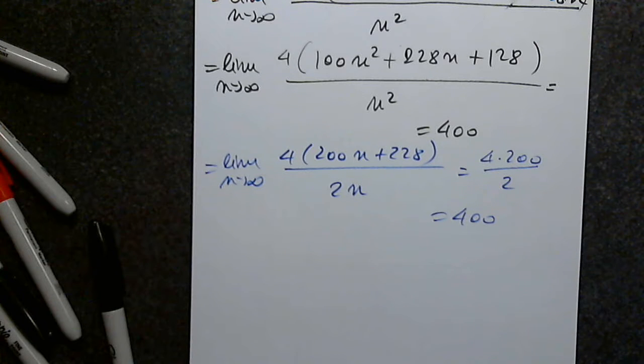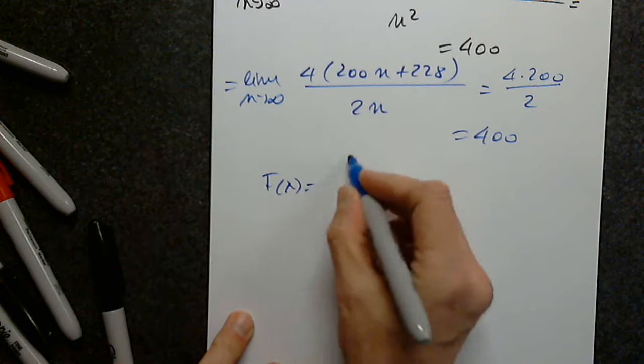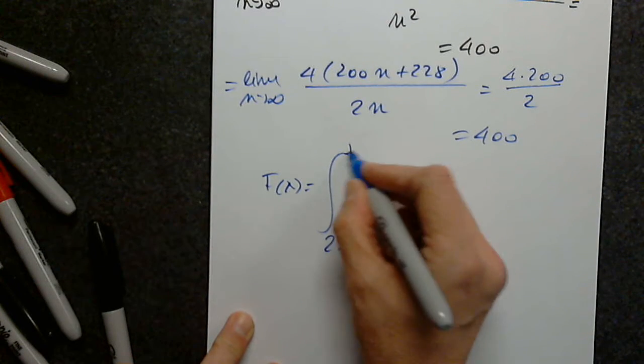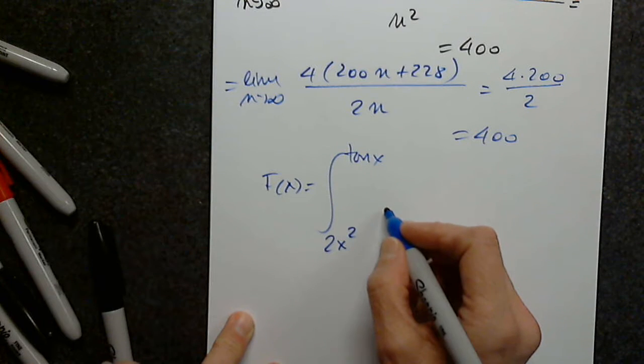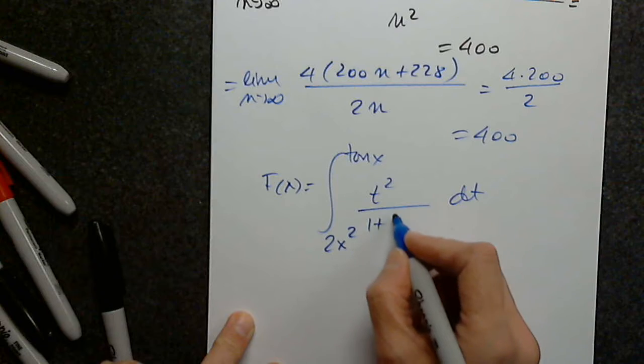You also said you go with the extra credit on the last quiz. What was it? It's a big F of x equals the integral from 2x squared to tan x, of the function t squared over 1 plus t, dt.